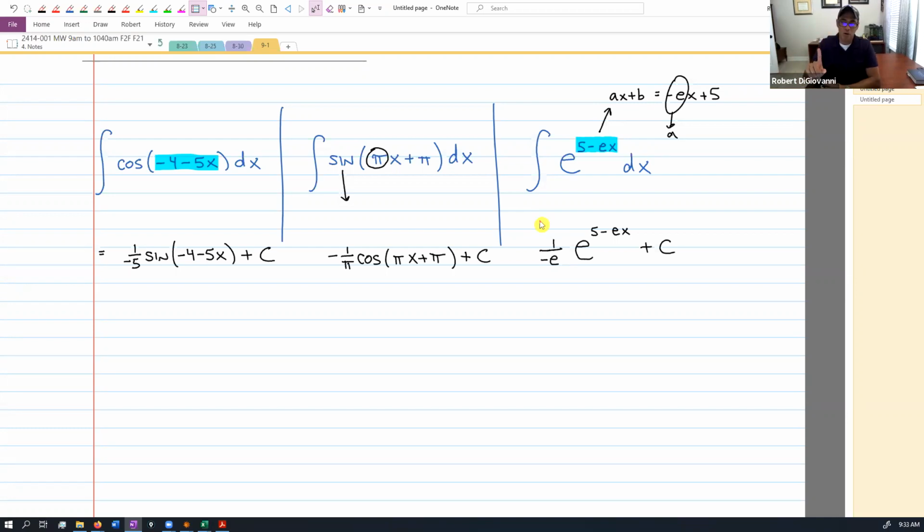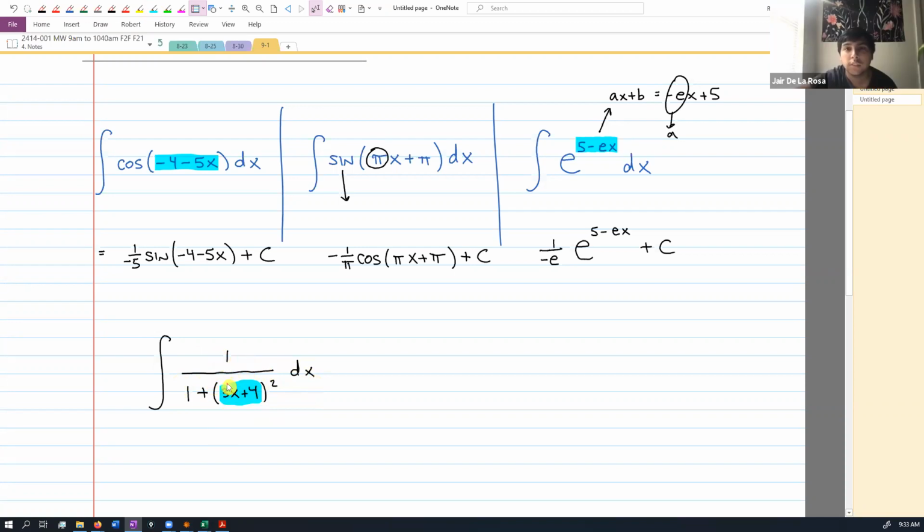Let's do one more, just to show you this extends even beyond these. Look at this one. What if we have the antiderivative of 1 over 1 plus 3x plus 4 squared dx? I know that looks weird, but look at this 3x plus 4. That's linear, right? So do you recognize what the antiderivative of 1 over 1 plus something squared should be?